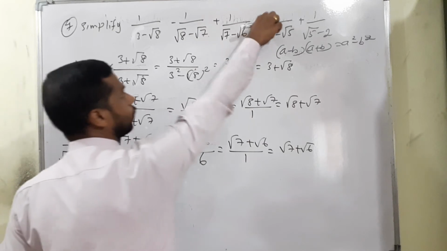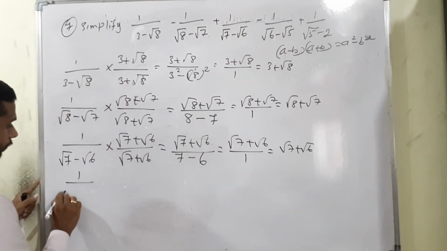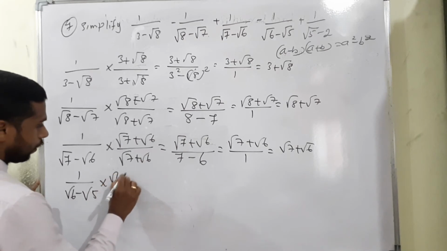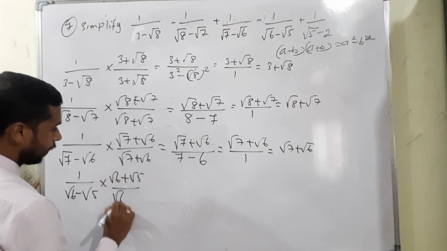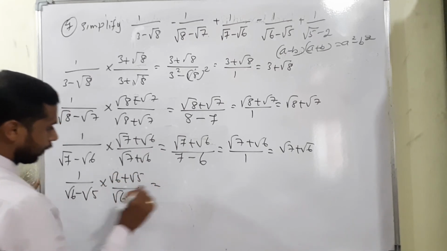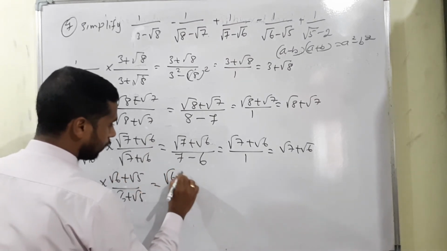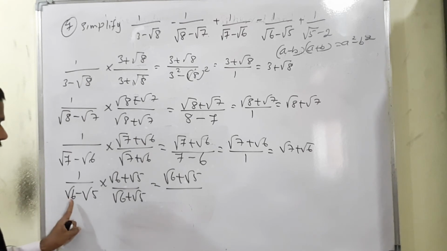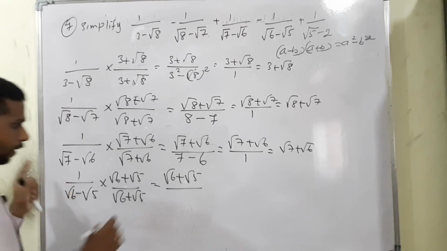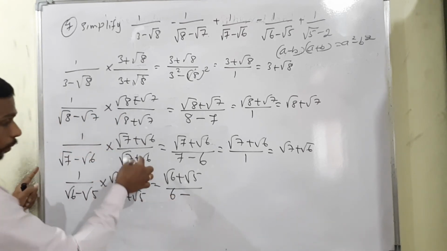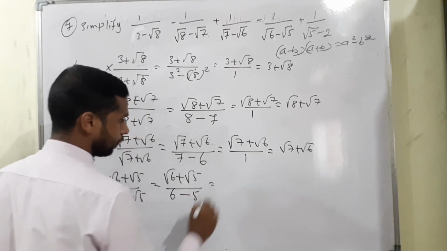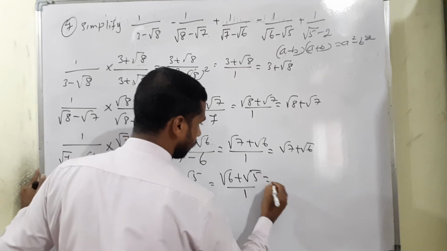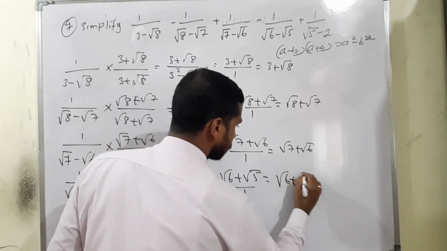Fourth one, 1 by root 6 minus root 5. Again rationalize: root 6 plus root 5 divided by root 6 plus root 5. Root 6 the whole square means 6, minus root 5 the whole square means 5. So root 6 plus root 5 divided by 1 is equal to root 6 plus root 5.